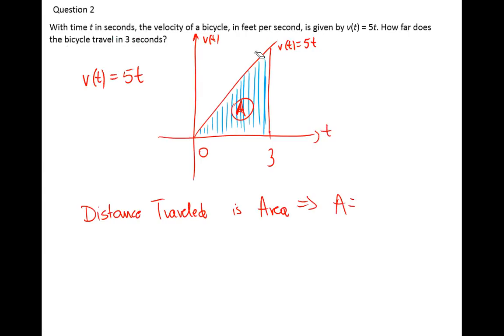The area, of course, under the velocity and above the x-axis, we can nicely see is a triangle. Do you remember the area of the triangle? We remember 1/2 base times height, because it's a triangle.